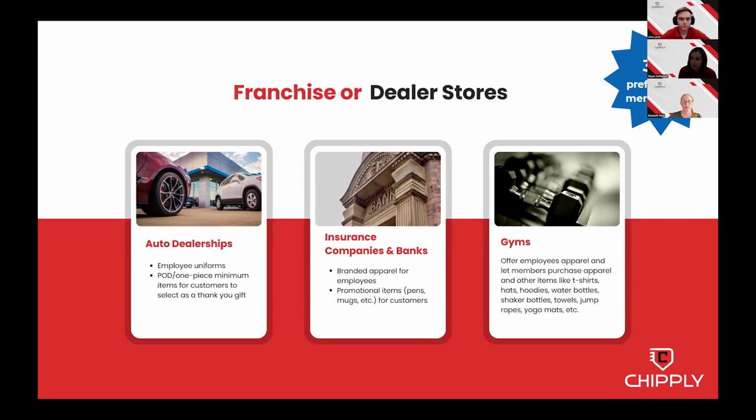And with gyms, it's really nice because not only can you take care of the employee side of things like staff, but they could also offer it to their members, because gym members love to wear their gym gear. So t-shirts, but also water bottles, jump ropes, yoga mats, products outside of the apparel category that you could add on there to allow customers to buy.